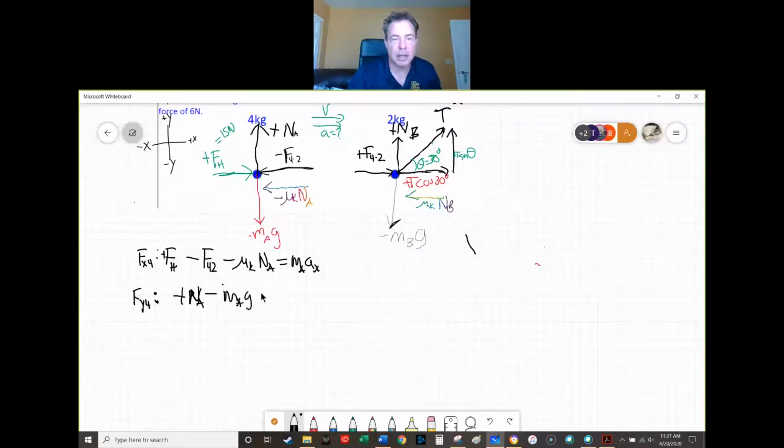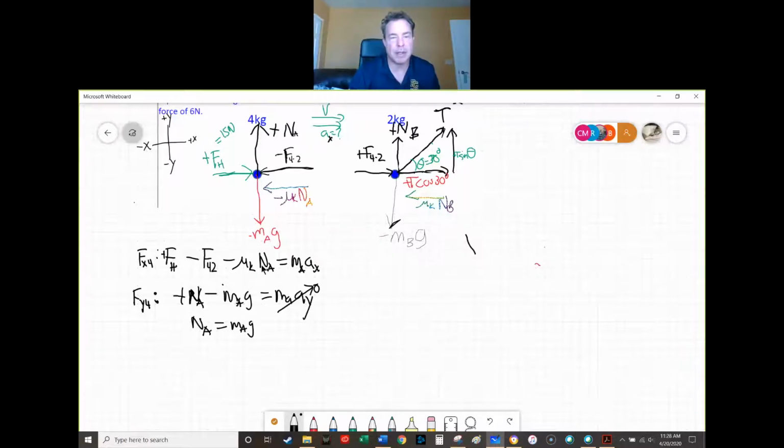The sum of forces is N sub A minus m sub A times g equals m sub A times the acceleration in the y direction. Notice the acceleration is only in the x direction. That means this is going to be 0. And in this case, we could say N sub A minus m sub A g equals 0. So you could say this.